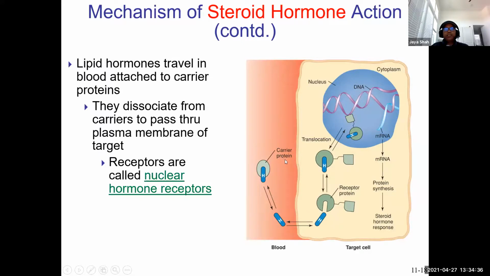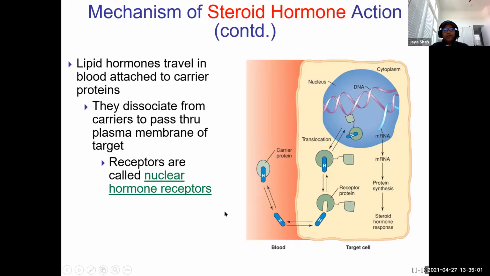So you see, this is the lipid hormone, H, and carrier protein is binding with this hormone in your blood. And then this is carried up to the target cell. You see the target cell here? They dissociate from carrier protein to pass through the plasma membrane of the target. So this hormone is dissociating.